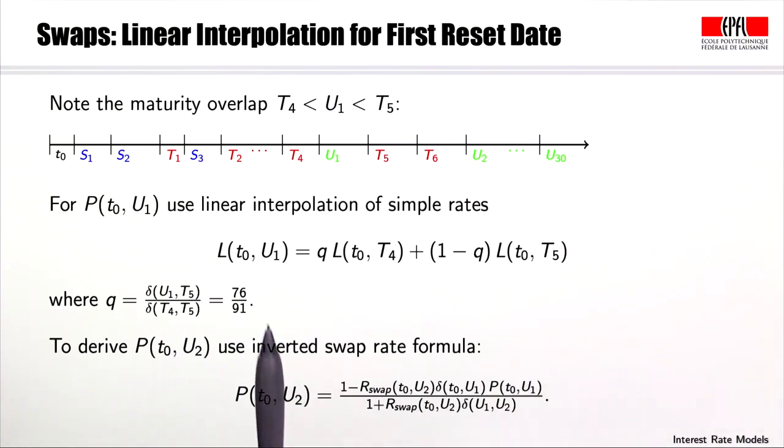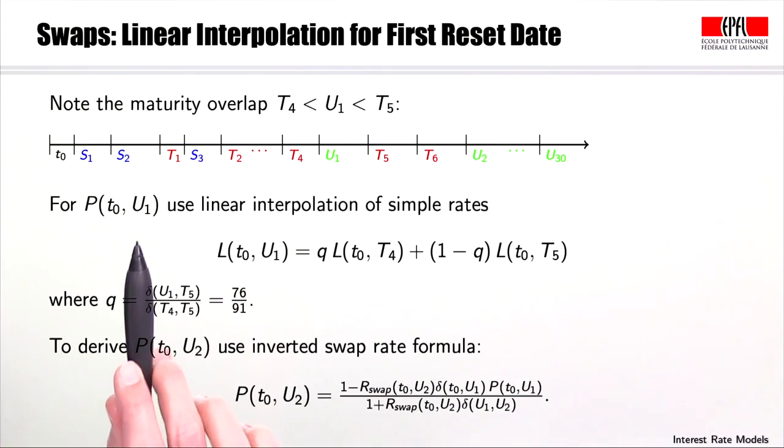The simple spot rate with maturity U1 gives us the U1 bond price, and then we can use the swap rate formula, which relates the swap rate for maturity U2 to the U1 and the U2 bond prices. We can solve this equation for the U2 bond price as shown here.